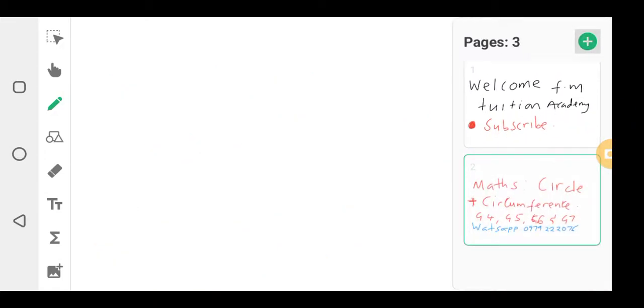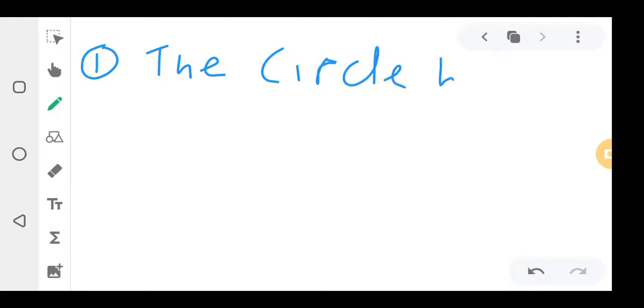Now let's go to the topic, guys. In the exam, they can say, for example, question 1, which is example 1: the circle has a 4 centimeter radius.